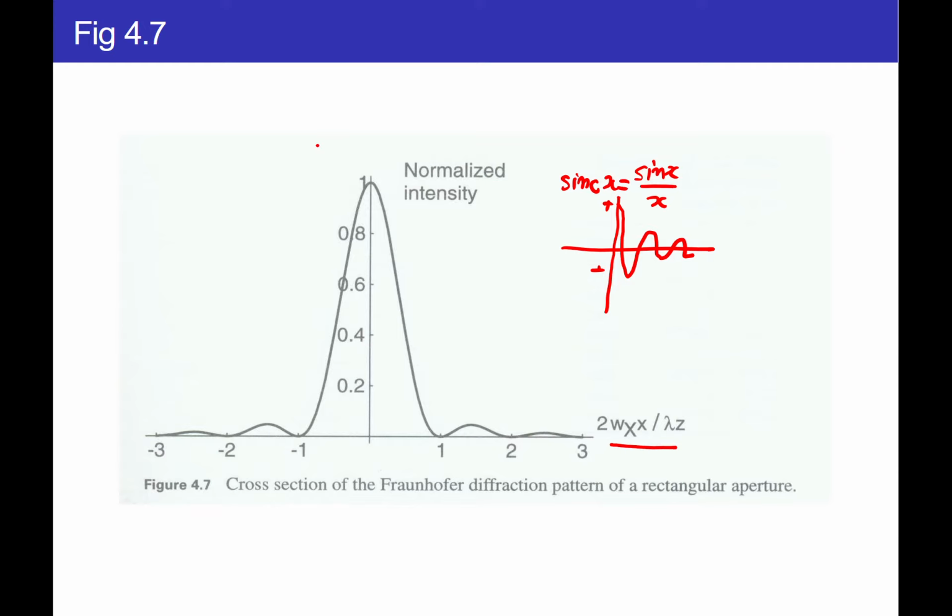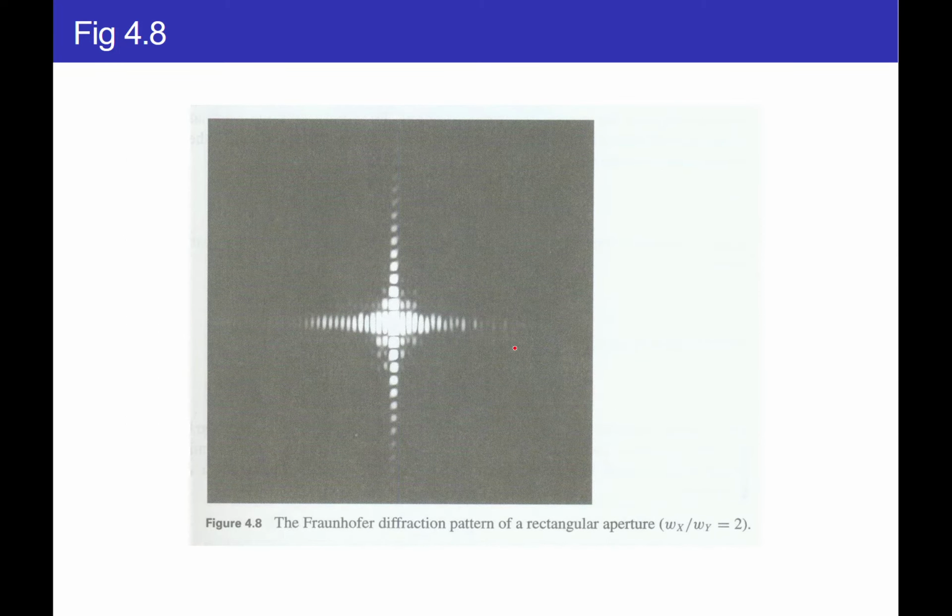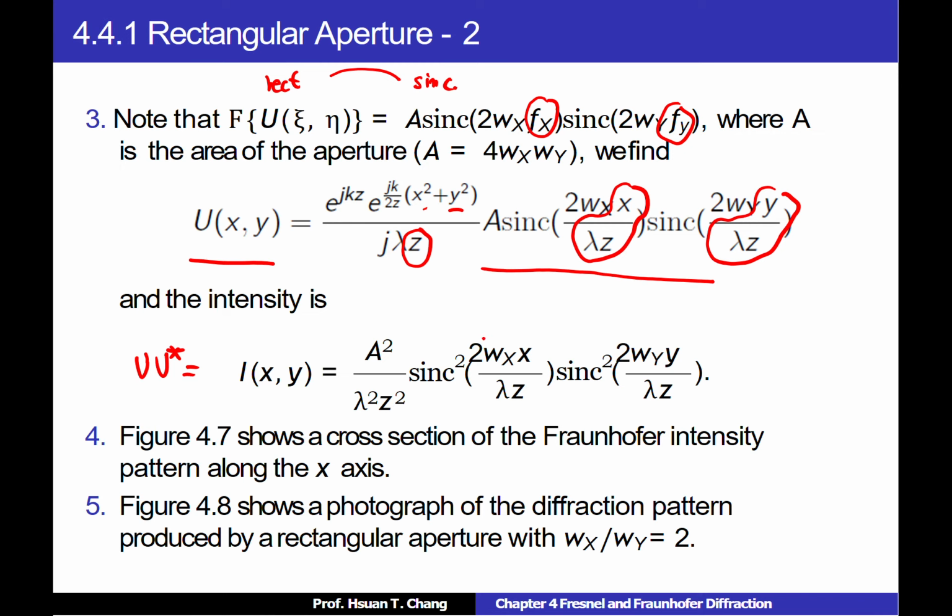Remember that this is our intensity, sinc squared x. So along the x direction we have a sinc, and along the y direction we also have a sinc, and the period is given by these functions.